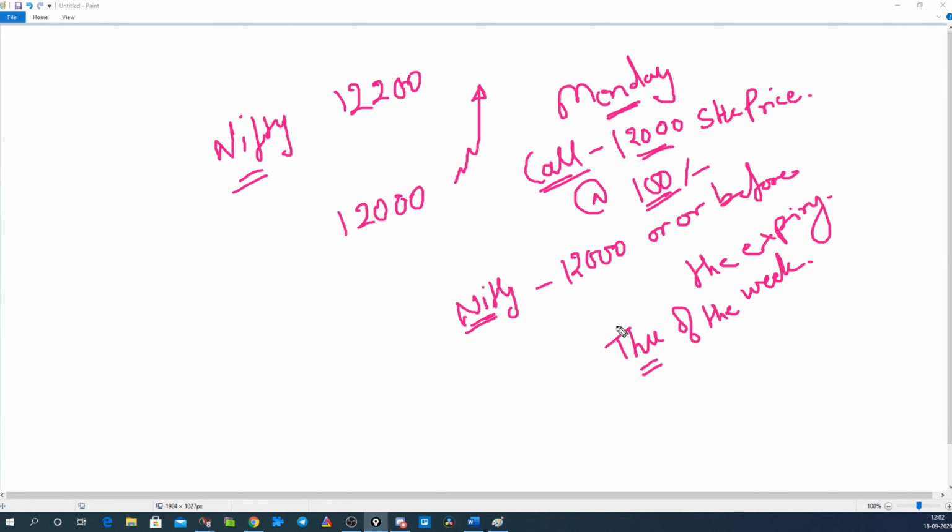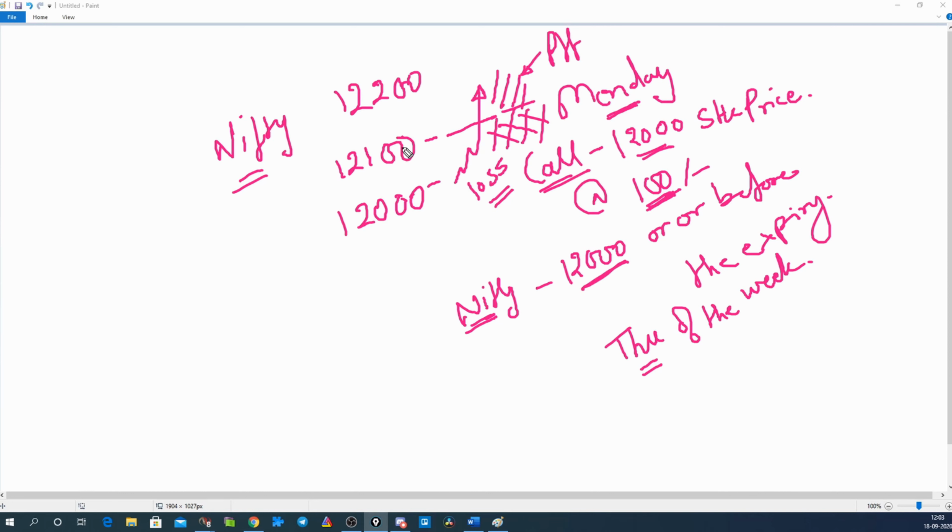Now we had the right to buy at 12,000, but we paid 100 rupees for it. So our break even in this case is 12,100. So unless prices move above our break even, we are not going to make profit. So basically above this is our profit zone and below this is our loss zone.